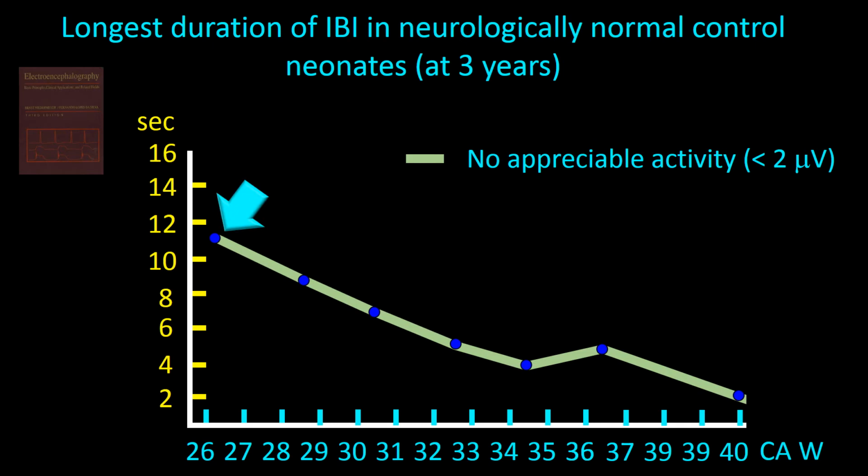The study found interburst interval with no appreciable activity lasting as long as 11 seconds at 26 weeks, as long as 6 seconds at 31 weeks, and as long as 5 seconds at 36 weeks. At 40 weeks, they found interburst interval of 2 seconds.